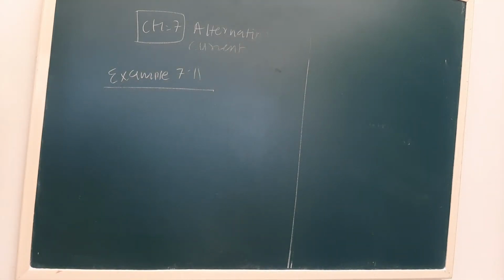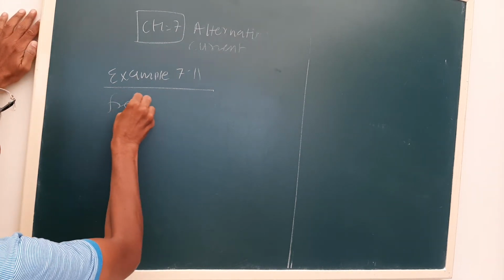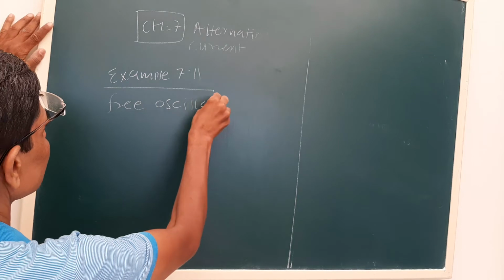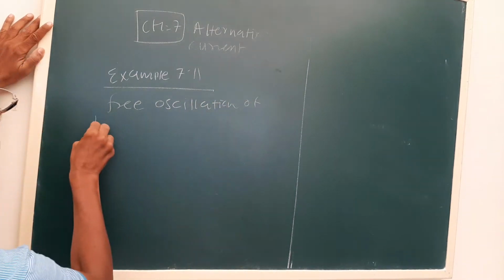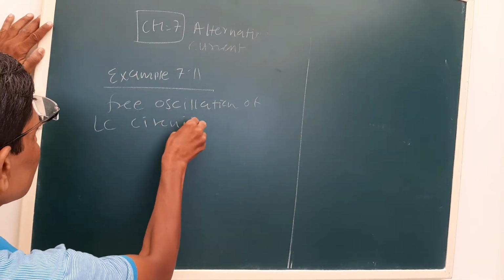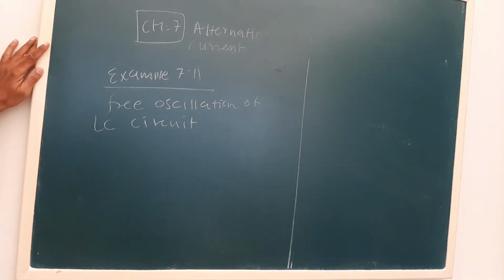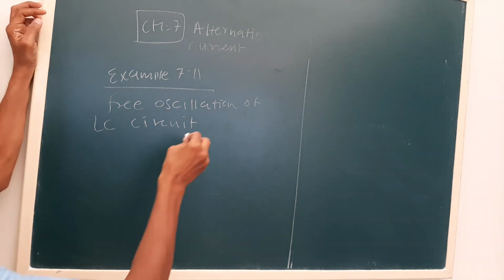Now we have to show that, in a free oscillation of an LC circuit, the total energy remains constant.